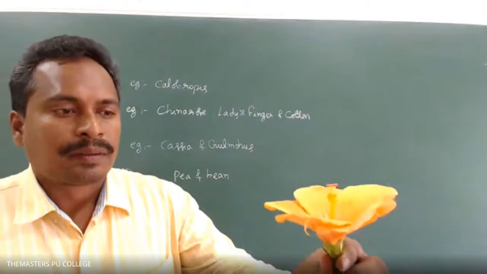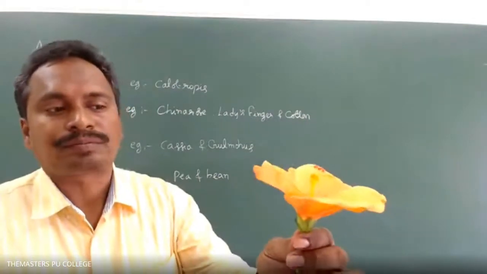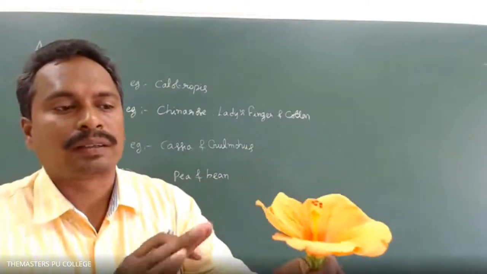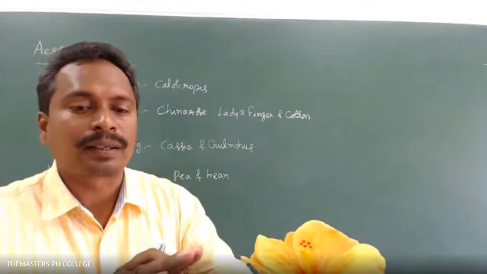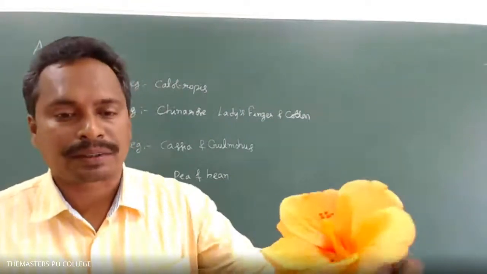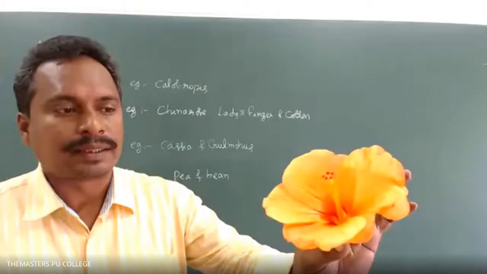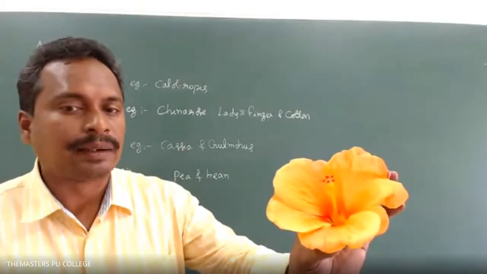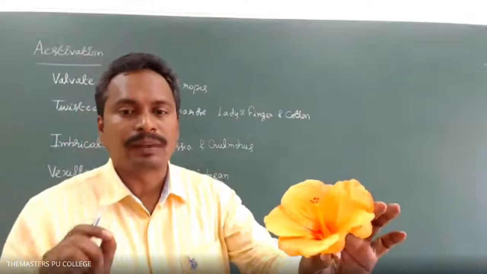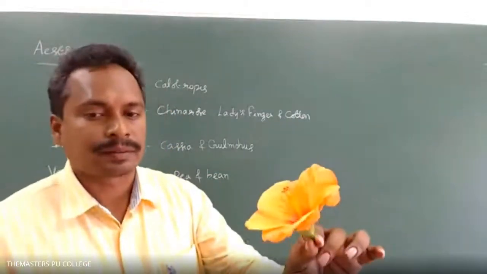Inside. Right. So in valvate estivation, the sepals or petals are not overlapped on each other, and they are all present at the edge.